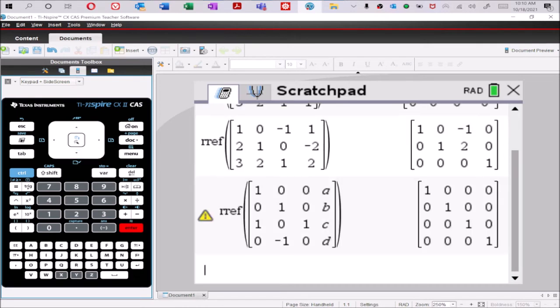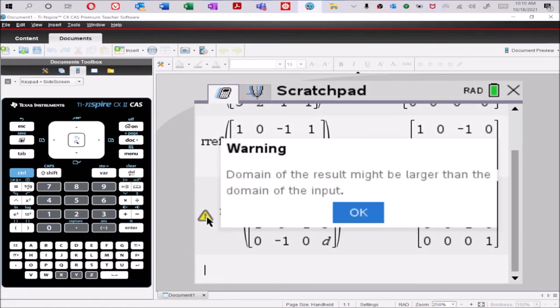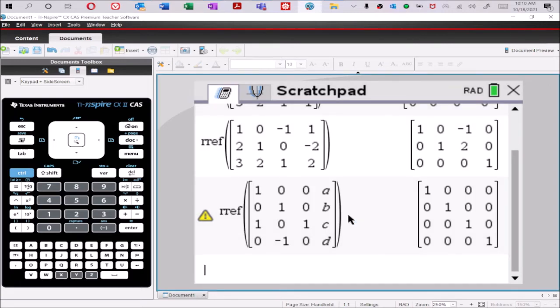Right, so if we REF this, we get the identity matrix, and this is just simply saying this alert. If we take a look at it, domain might be larger than the domain of the input, so it's just saying that the domain that they gave may not be the domain of our original input. It doesn't really mean anything for our purposes.